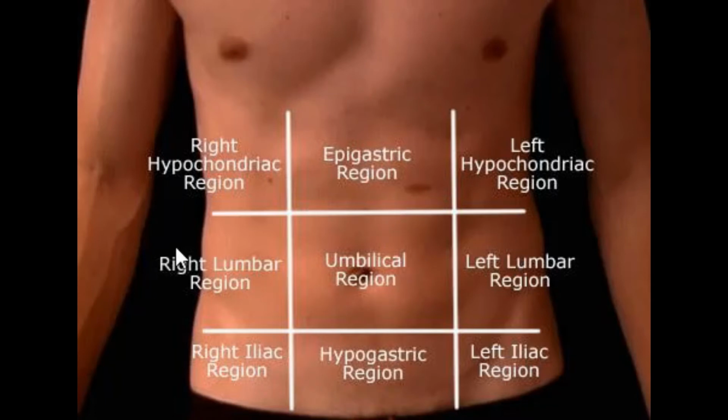This transverse line right here, where the right hypochondriac region splits, you can see this transverse line here. We call this the subcostal plane. This basically is in relation to the 10th costal cartilage. It's the lowermost bony point of the rib cage down here.